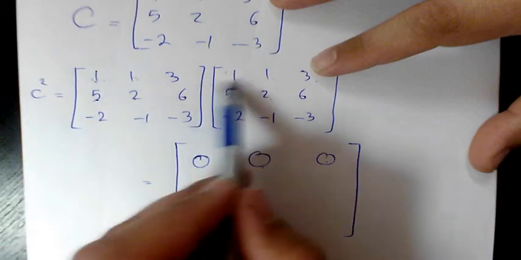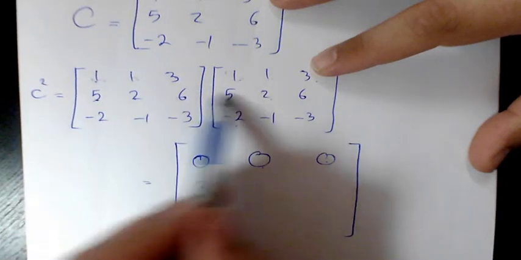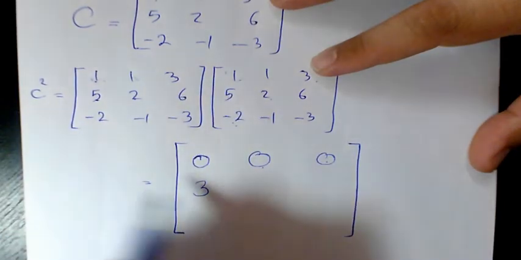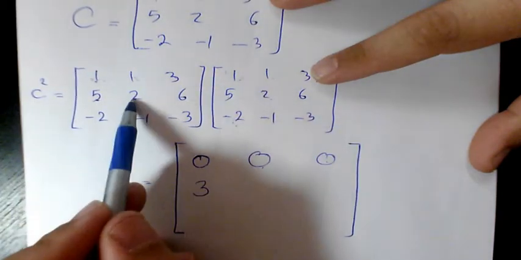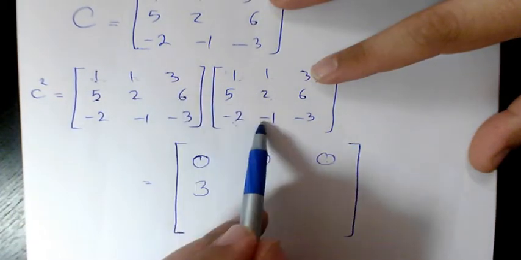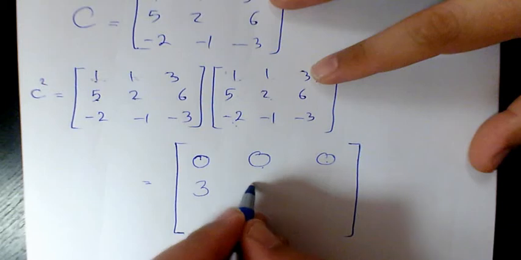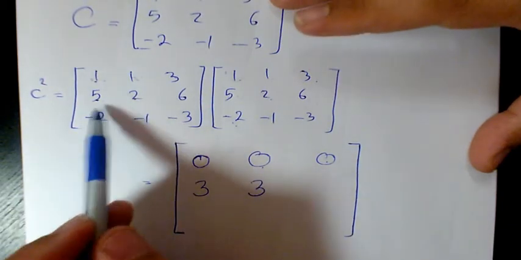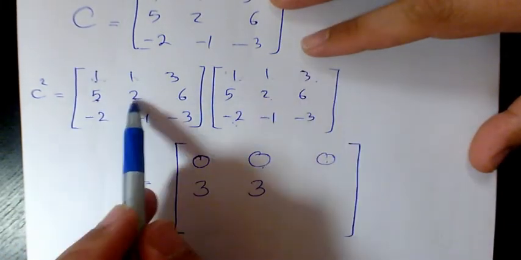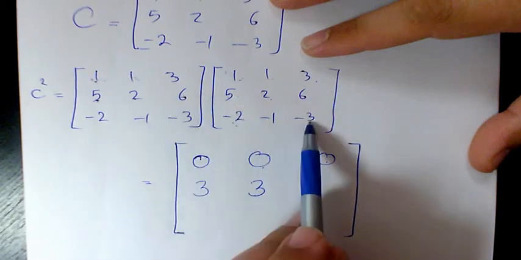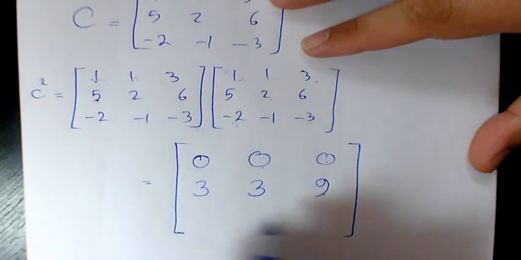One more time, 5, 10, negative 12, which is 3. 5, 4, negative 6, which is 3. 15, 12, and 18, it's going to be 9.